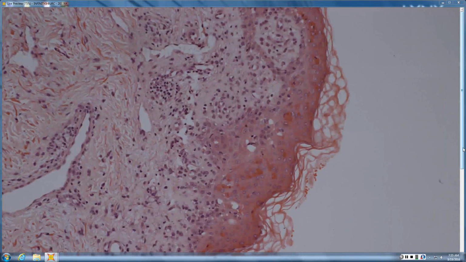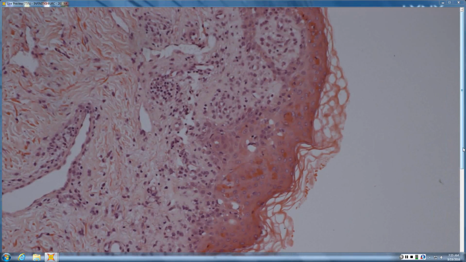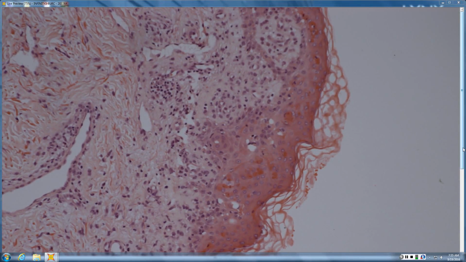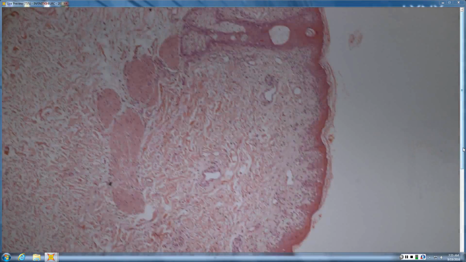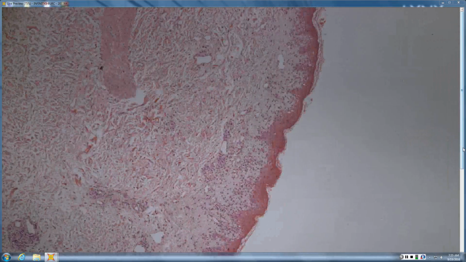Most lichenoid processes have a fairly chronic horn that's compact. This one's awfully basket weave, right? That suggests this is a very acute process. So that's a little bit odd for LP or any of the lichenoid things, to have a very, very acute horn.